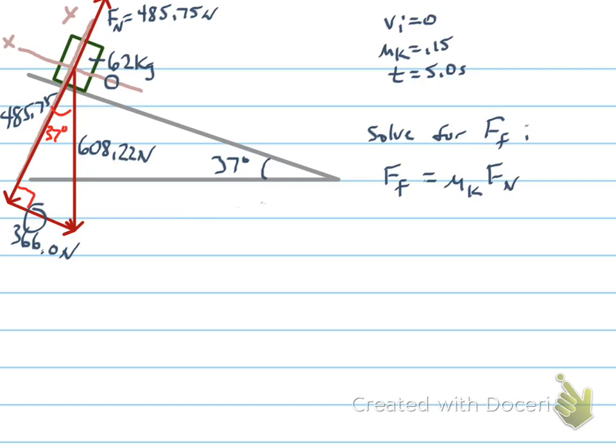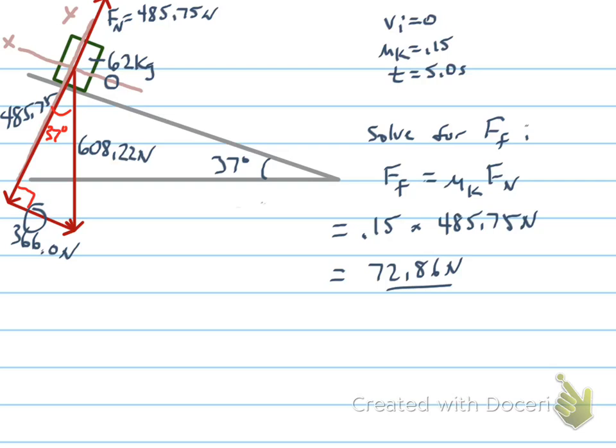In this case, the 485.75 newtons was the y component, and that will also be the normal force because the inclined plane is opposing that with the same value of 485.75. So we use the mu k given in the problem of 0.15 times the normal force, and we come up with a force due to friction of 72.86 newtons.